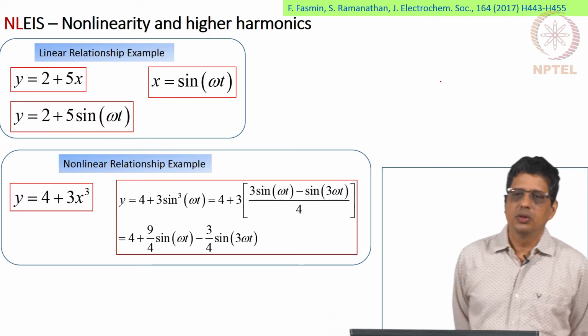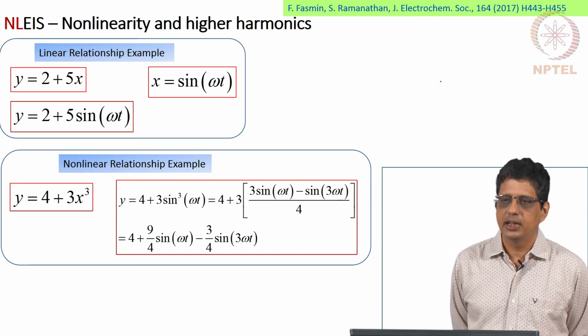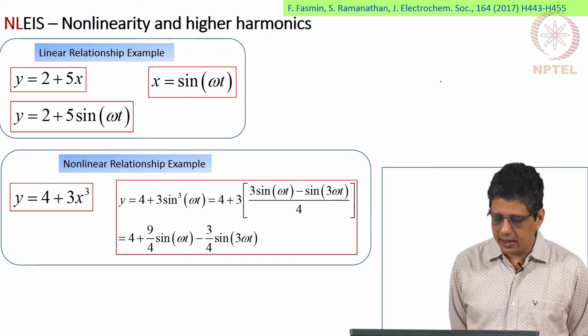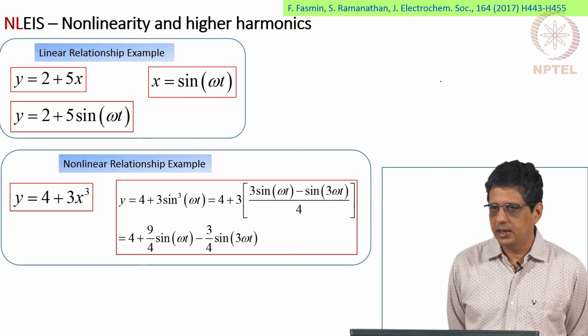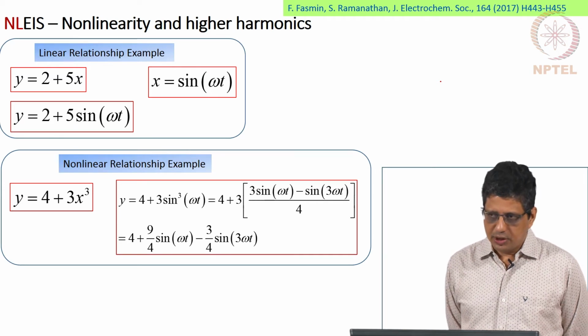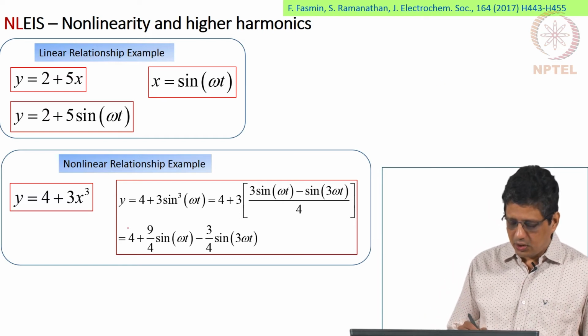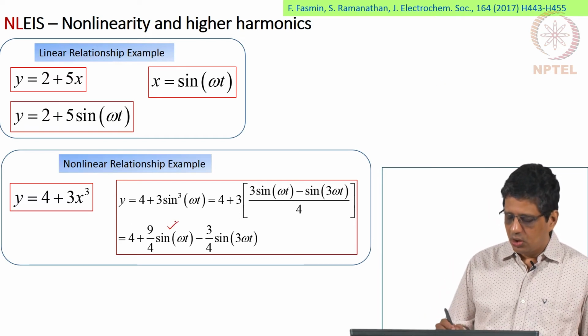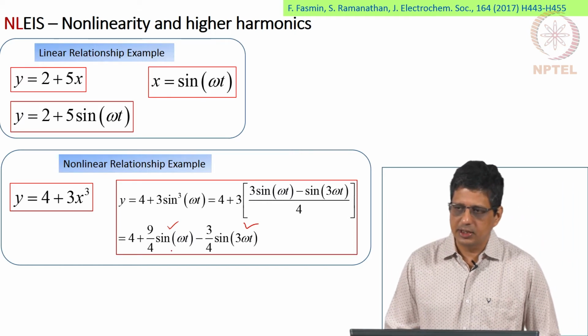X cube, now we replace x cube with sine cube, and sine cube can be written using the trigonometric identity as 3 sine omega t minus sine 3 omega t, and all of these divided by 4. You can substitute and rearrange. You would find that you have applied a sine wave, you would get a response at omega, you would also get a response at 3 omega.